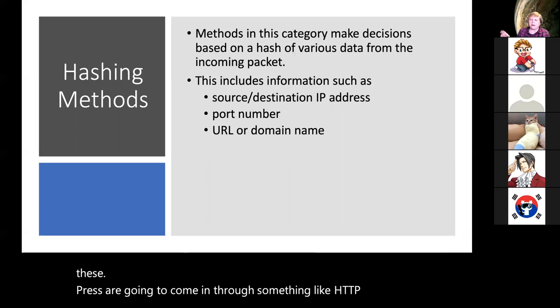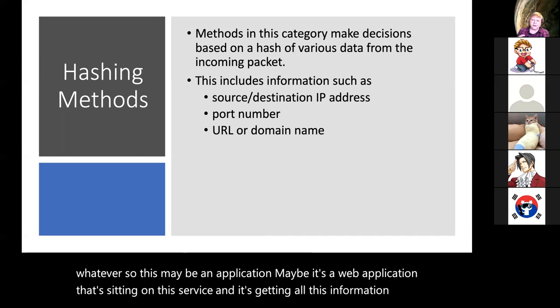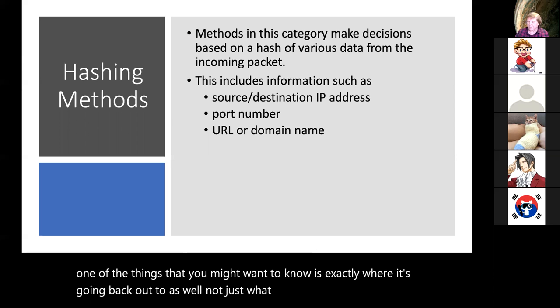So this may be a web application that's sitting on this service, and it's getting all this information in. One of the things that you might want to know is exactly where it's going back out to as well, not just what is going to happen at the server end.